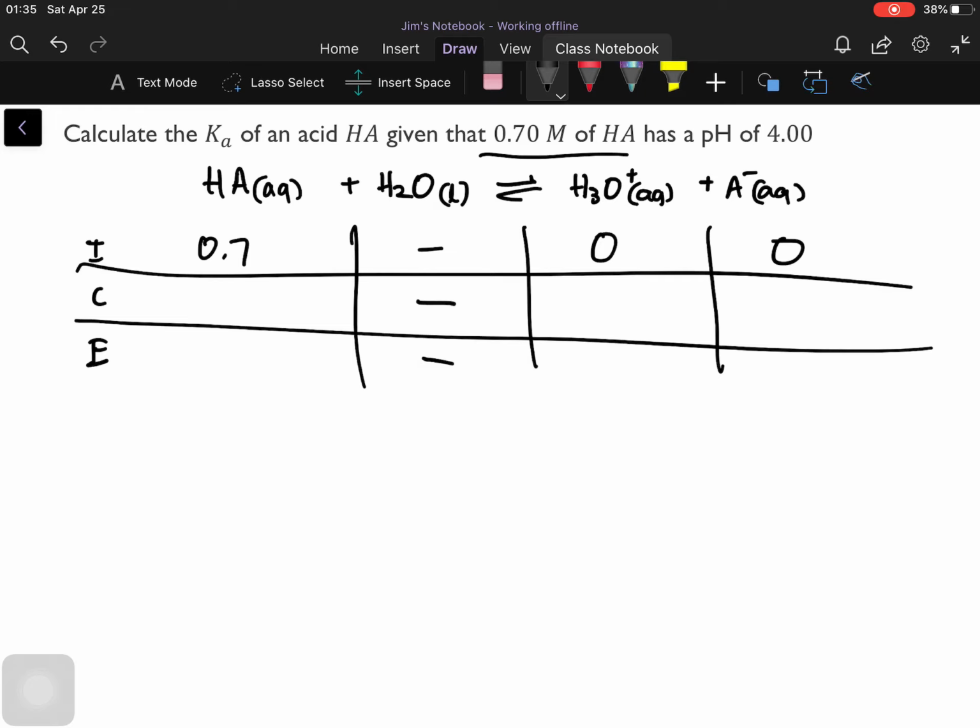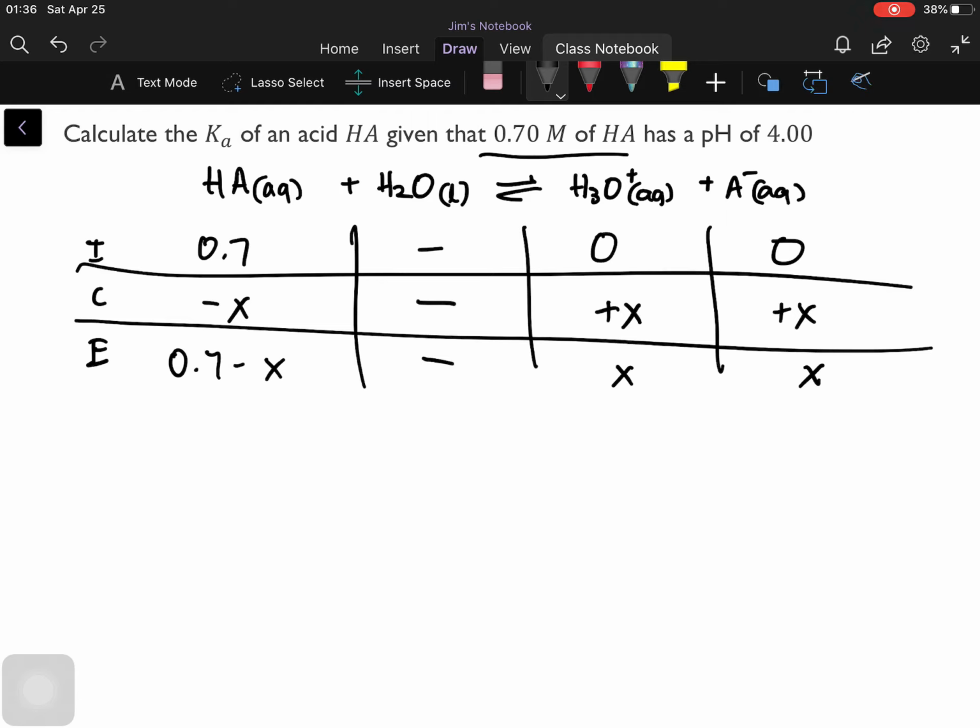And according to the reaction quotient, if we do not have any products, the reaction will proceed towards the product. So that means this is negative x, this is positive x, and positive x. That brings our equation in equilibrium for HA to 0.7 minus x. For H3O, that's x, and A minus, that's x.